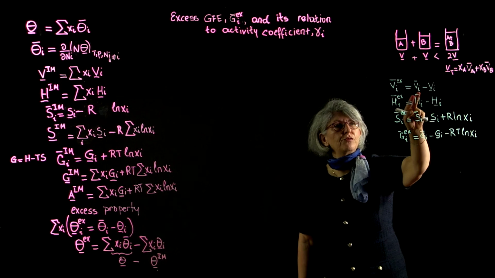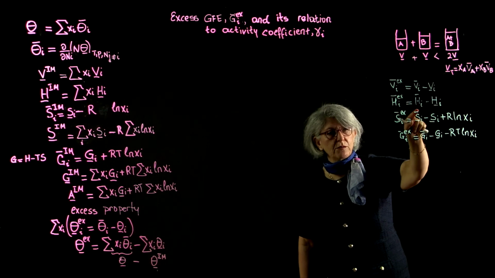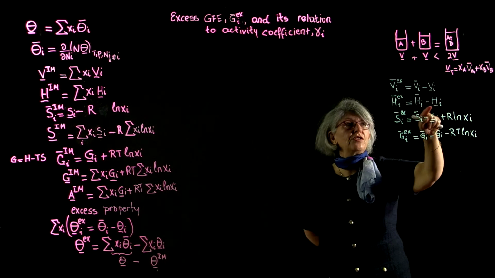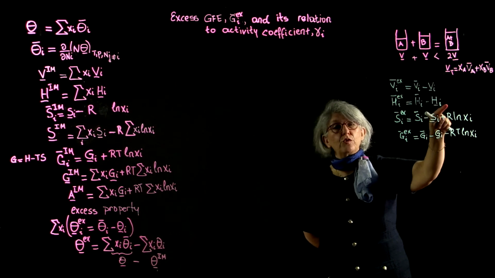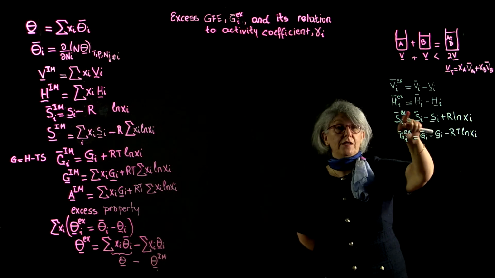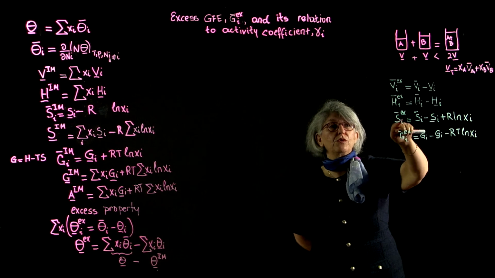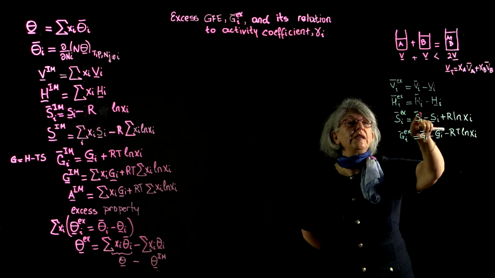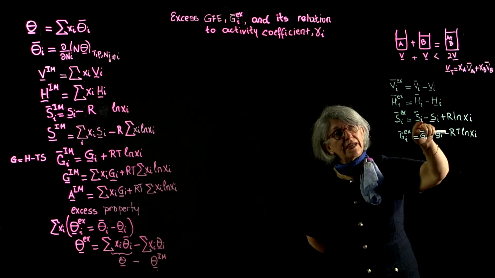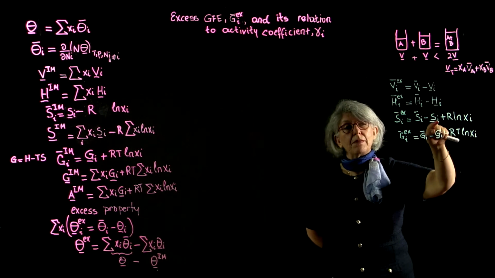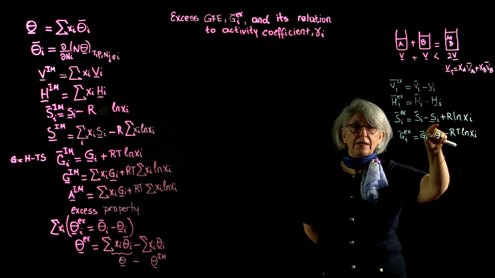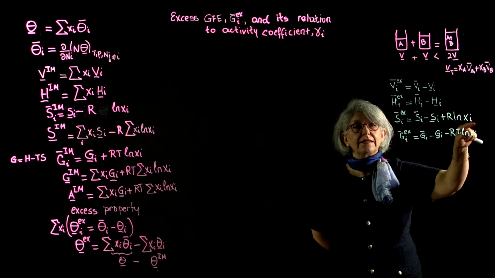Excess enthalpy is going to be the difference between the partial molar enthalpy of component i in that mixture minus the pure component enthalpy. Excess entropy, excess partial molar entropy will be the partial molar entropy of component i in that mixture minus the pure component entropy plus R ln xi, the entropy due to mixing.